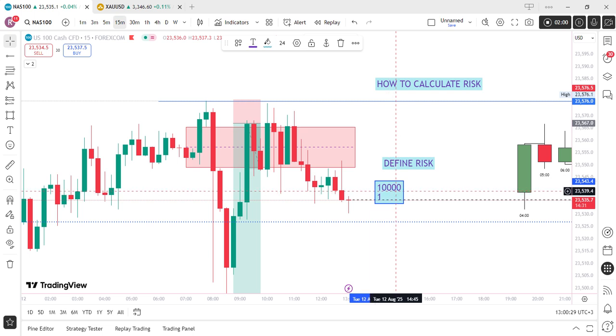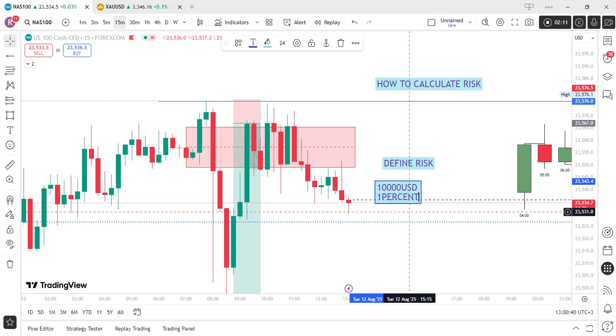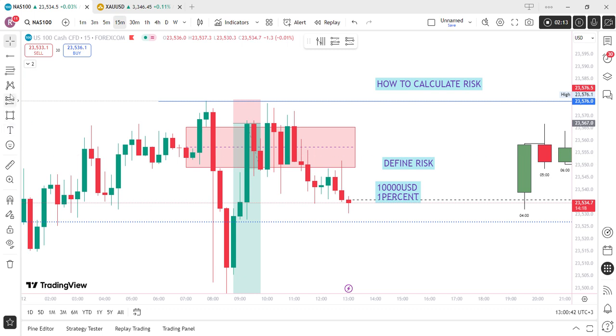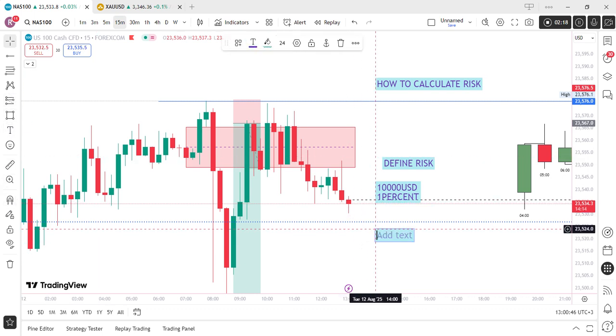The account is 10,000 USD, and you're risking 1% per trade. So you just take the 10,000 USD, that is the account size, and multiply it by 0.01.